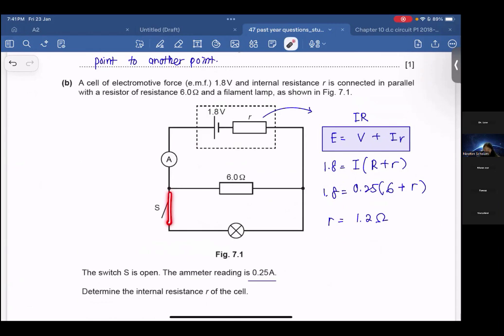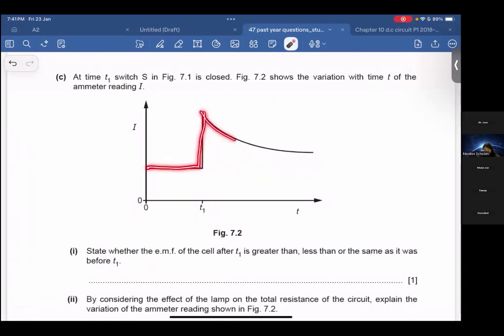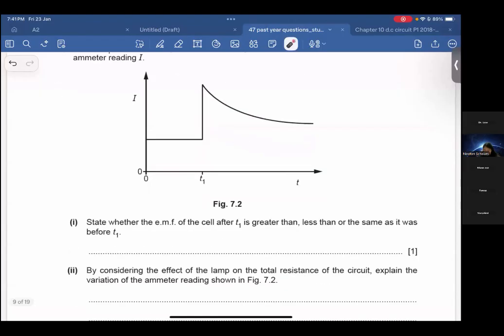The graph is showing how the current changes. Suddenly it increases and then decreases. State whether the EMF of the cell after T1 is greater than, less than, or the same as it was before T1. What do you think? When I close the switch, what happens to the EMF? Increase, decrease, or the same? Greater than, less than, or the same. What do you think?